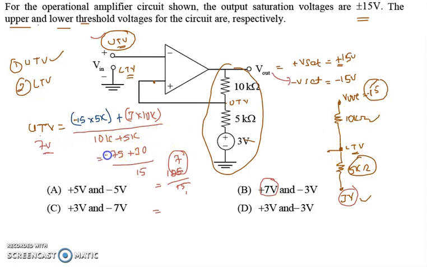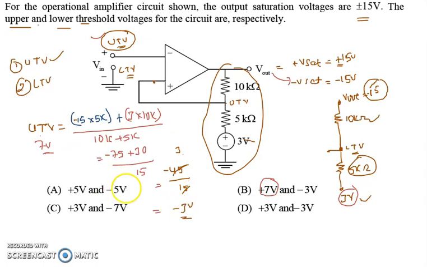So now here it becomes minus 75 plus 30, which means minus 45 divided by 15. It goes into 3 times, so minus 3 volts.